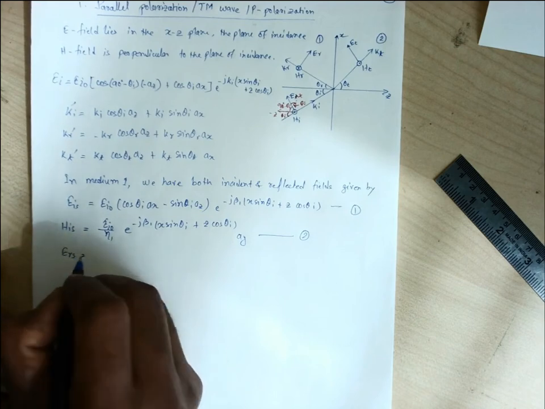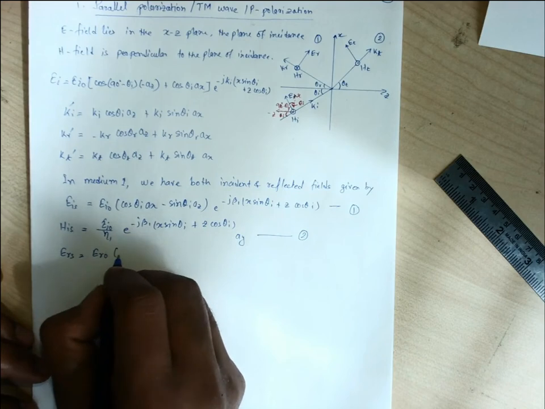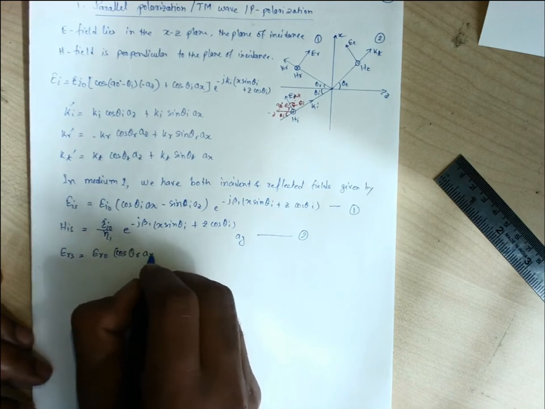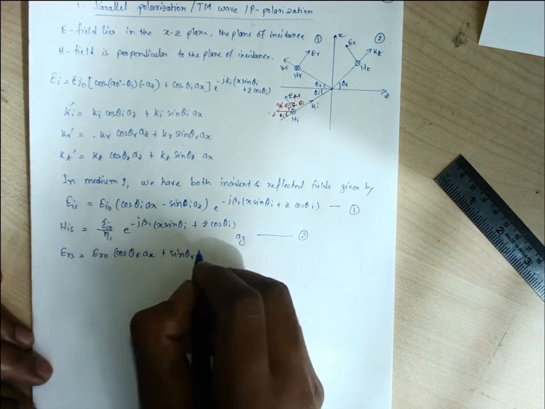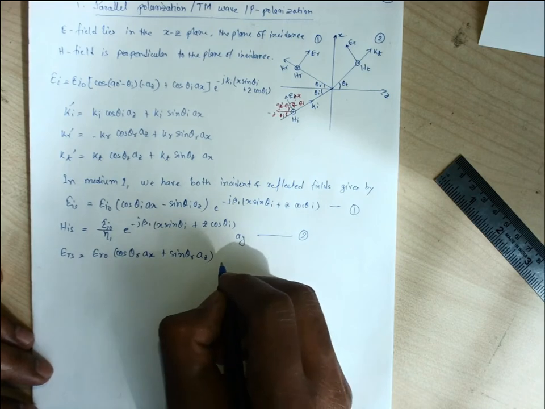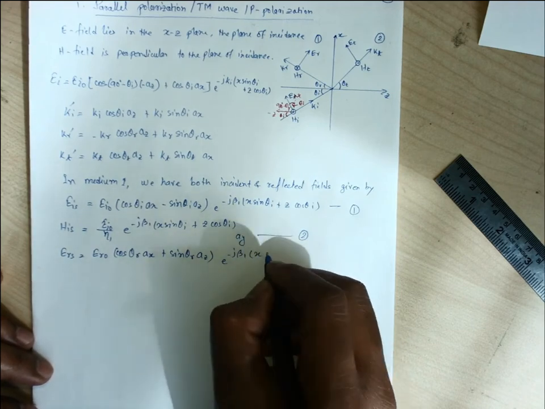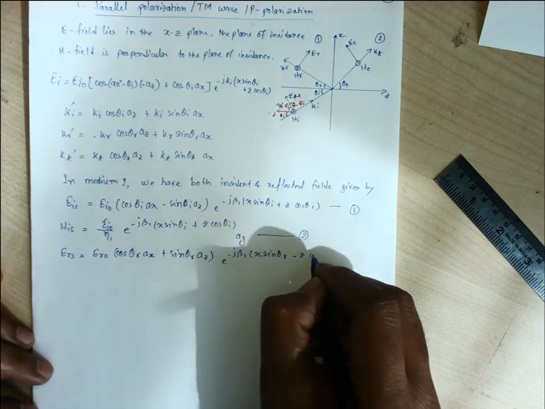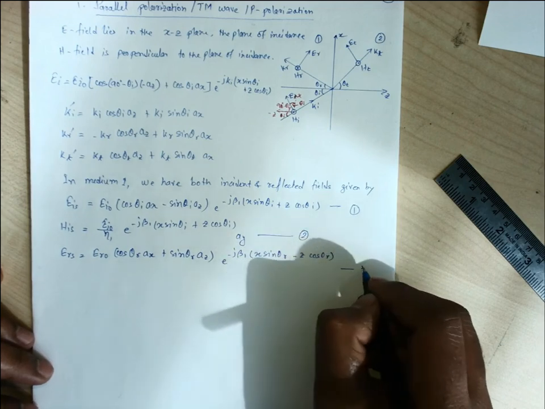Then the reflected electric field: cos theta r ax, sin theta r az, e to the power minus j beta 1 (x sin theta r minus z cos theta r). Equation 3.